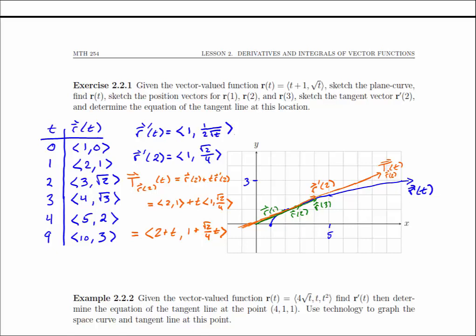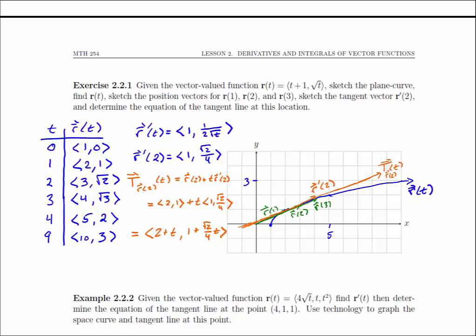And then we've taken the derivative, and I've plugged in the value 2 for t to get r prime of 2 is 1 comma square root of 2 over 4, which is not the greatest number, but I'm noticing that my change in x is 1, and I know that my direction should be here. So if I just draw it 1 unit over in the direction it should be, then I get my r prime of 2 vector without actually having to compute this value.